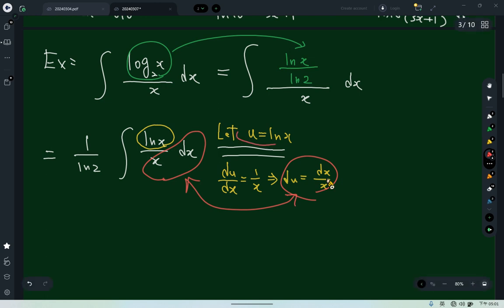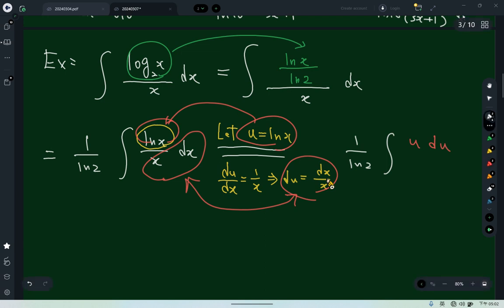So you can see I can replace this part by this one, I can use this part to replace this one, right? So finally, we will see it will be 1 over ln 2 integral u times du, right? Because this part will be replaced by du, and this part will be replaced by u. So finally, I will encounter this integral. So this integral is very easy. So this is the result.